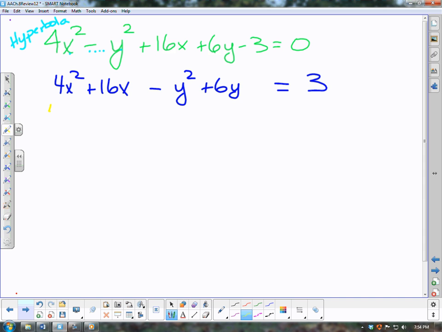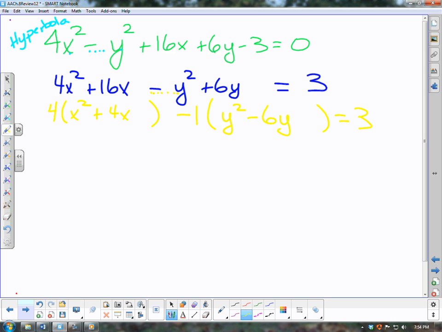Here we have to factor a 4 out to get x squared plus 4x. And then we take a -1 out to get y squared minus 6y equals 3. And the reason we have to do that is because we have to get the squared term to be by itself with nothing. This negative is associated with the y squared, so we have to get rid of it.